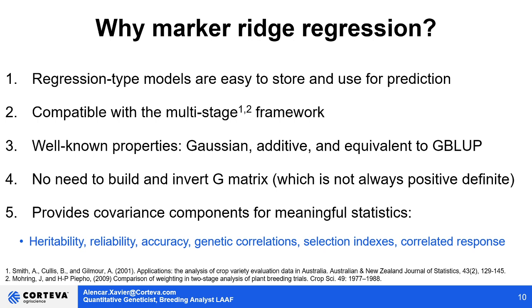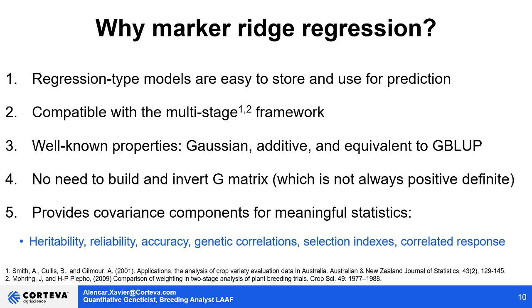The third point I want to make is that ridge regression is a Gaussian model. It's fully additive depending on how you parameterize, but generally additive, and it is equivalent to GBLUP, and that's a known property of it. A big advantage of dealing with ridge regression as opposed to GBLUP is that we don't have to create or invert the G matrix.